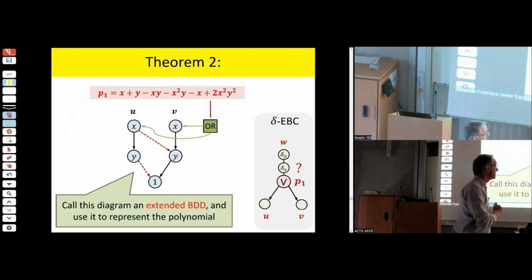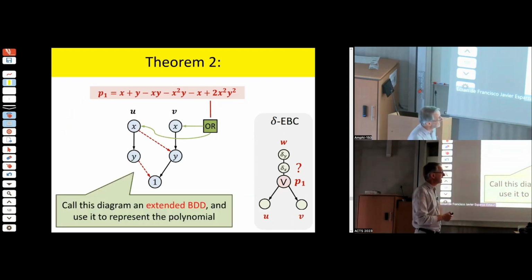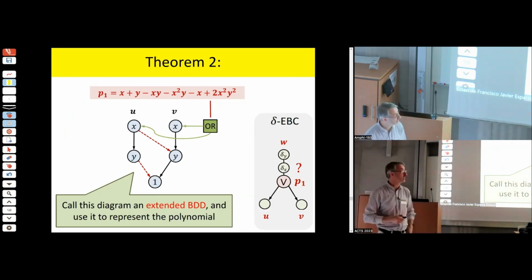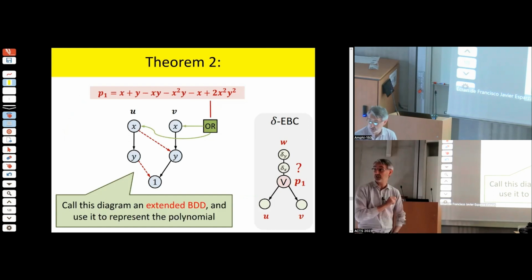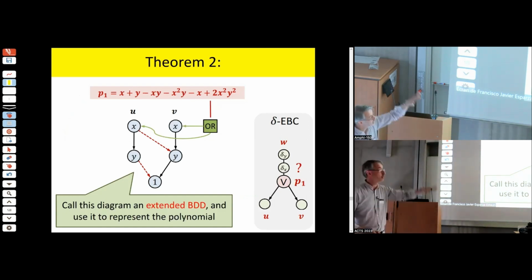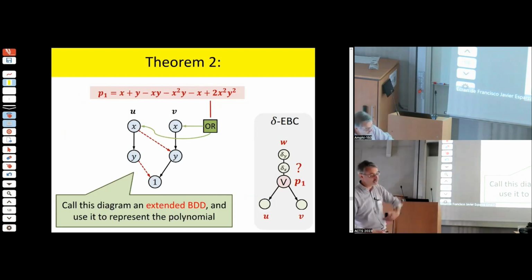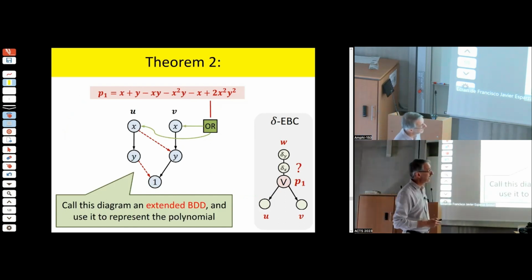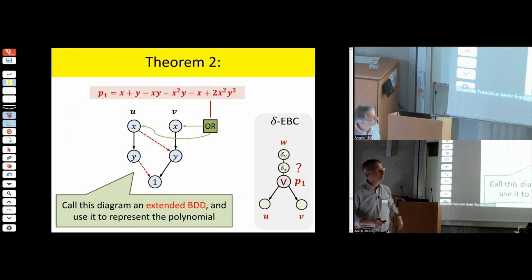Okay, so actually, we call this diagram an extended BDD. That's why we call it extended BDD, because we are also going to have these nodes, and what we do is assign polynomials to them. And during the computation, where you are just trying to see whether the formula is unsatisfiable, what you do is you just store these intermediate results.